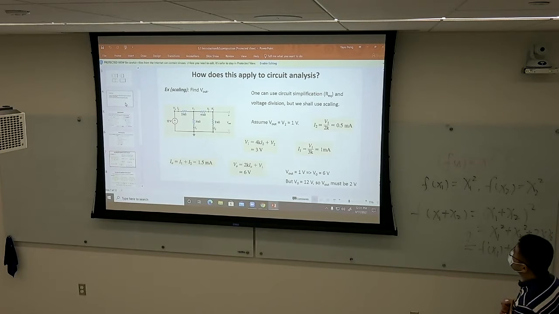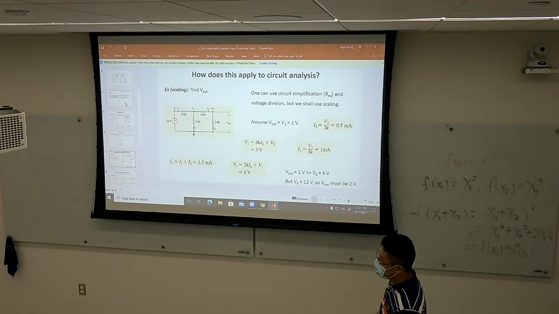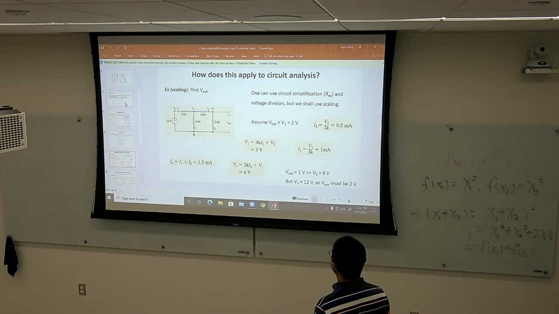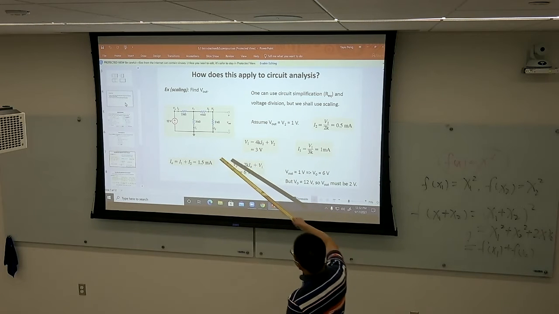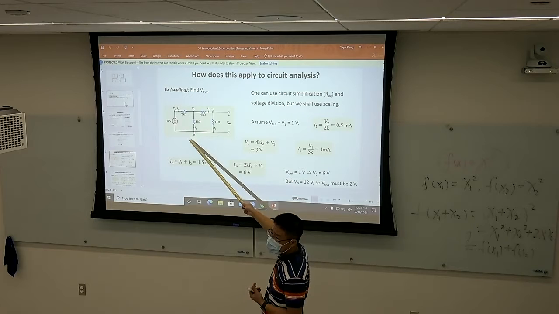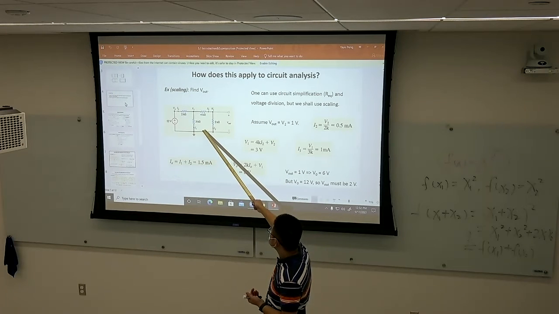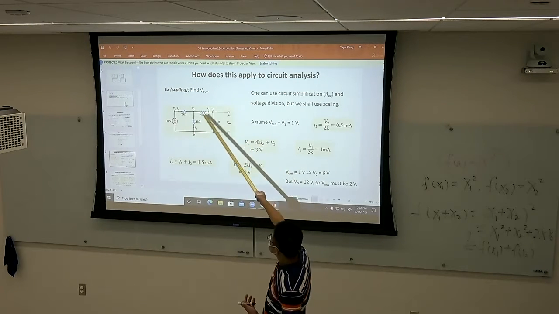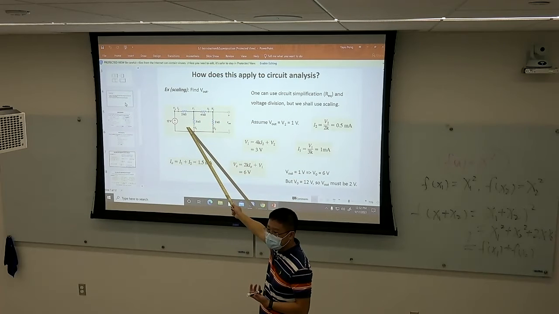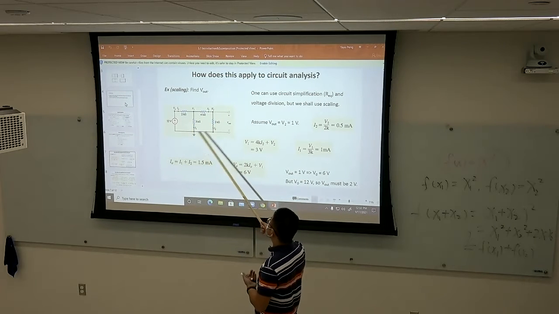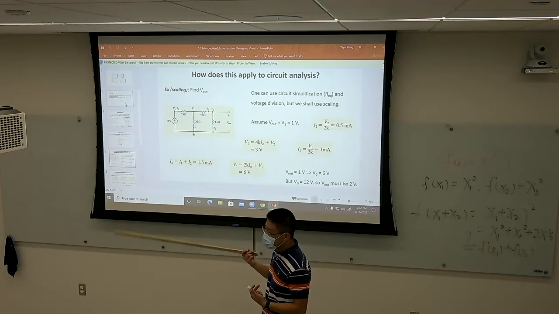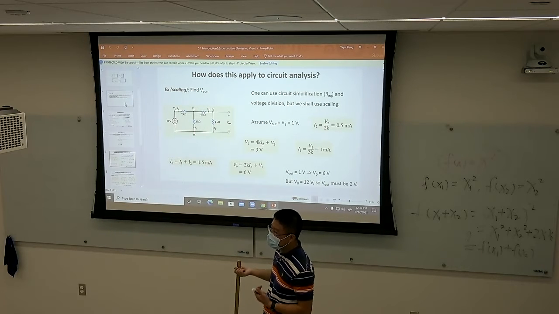So how does this apply to circuit analysis? Let's use an example to illustrate this. We are familiar with this circuit. In chapter 2, we discussed how to solve it: calculate the equivalent resistance, and then use voltage division or current division to obtain the voltage and current on each element.